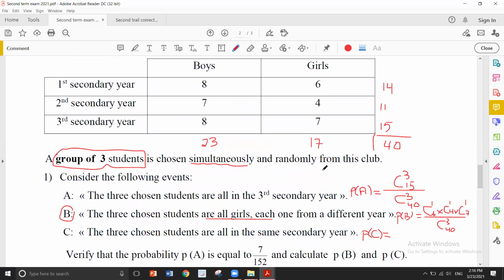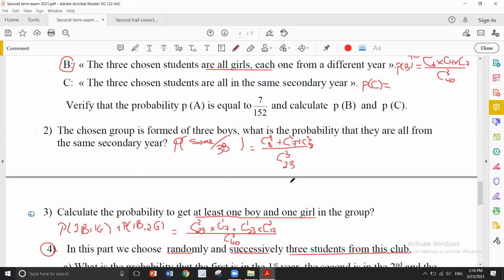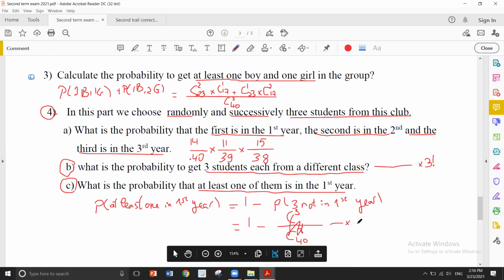Why are you using combination? Okay, I can use combination if you want; if you don't want combination, I can put this one. So here 40, 39, 38. 3 not in the first year.